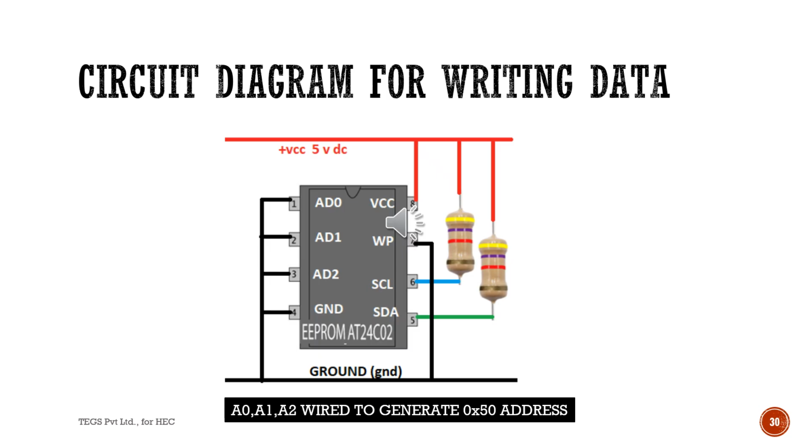The circuit diagram of the EEPROM configured to address 50H is given here. The UNO connection is given in subsequent slides. The circuit diagram for writing data into the EEPROM is given here.